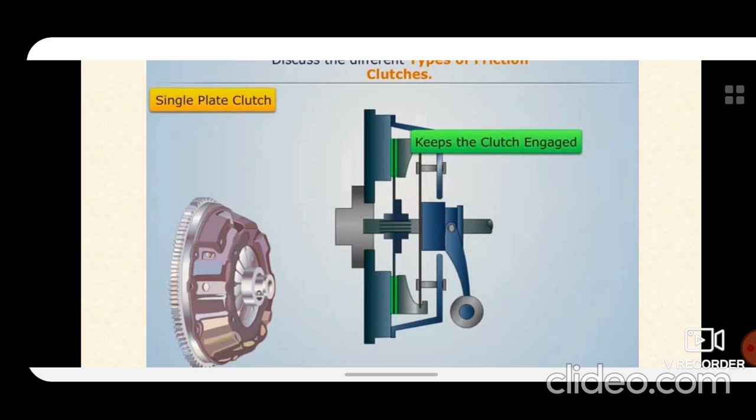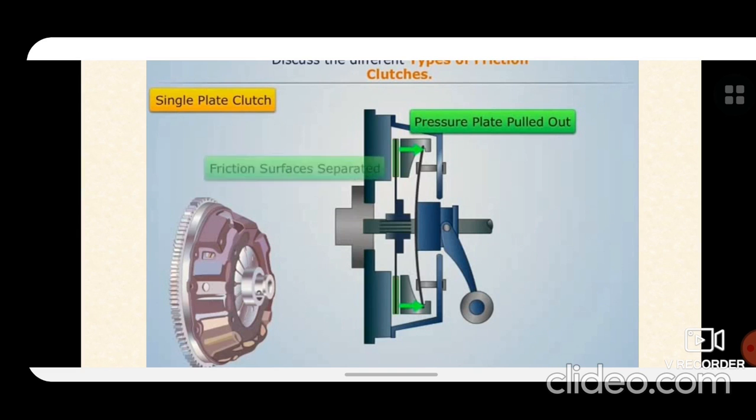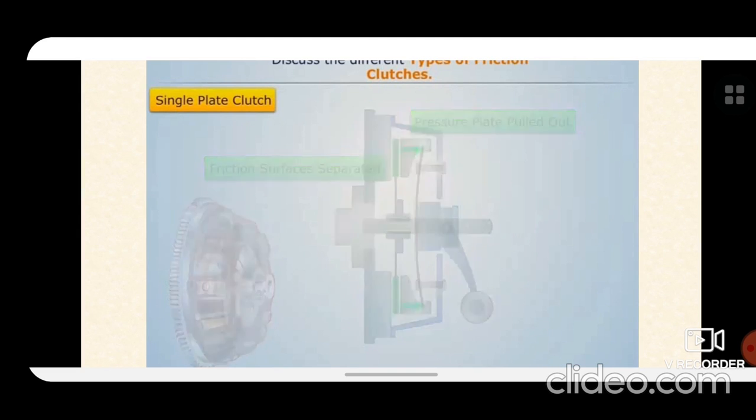It keeps the clutch engaged. Spring fulcrum. Here, when clutch pedal is pressed, throwout bearing is pushed. Pressure plate pulled out. Friction surfaces are separated.